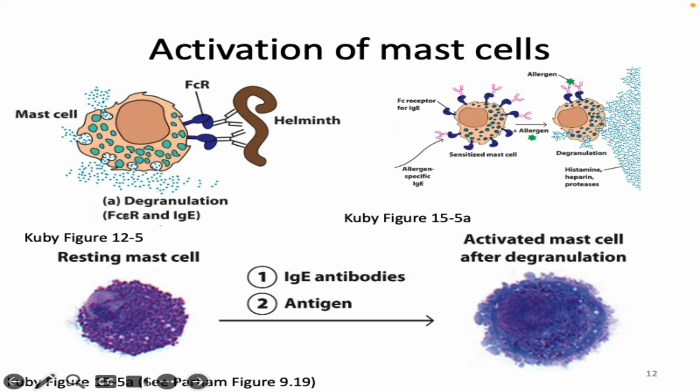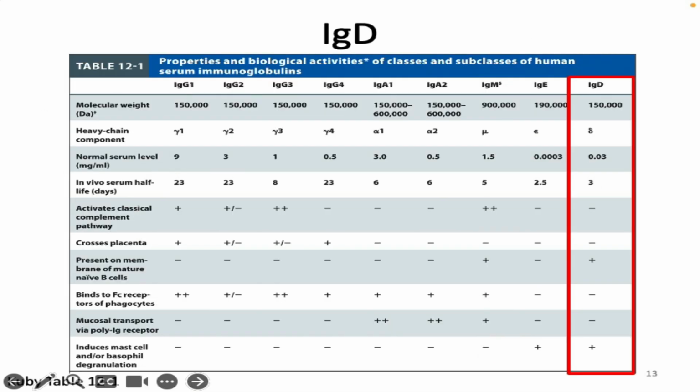So I'm going to show you an old table about IgD before I show you the new table. So this is the old table about IgD. This is not the old table that I want it to be, but that's okay.